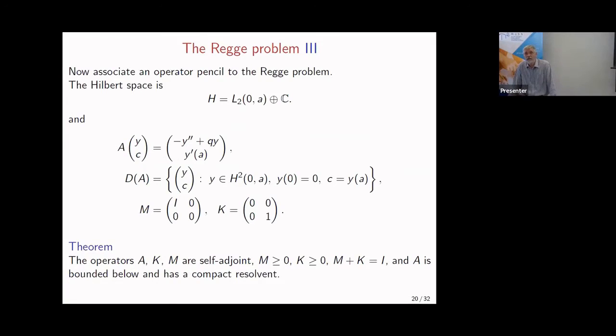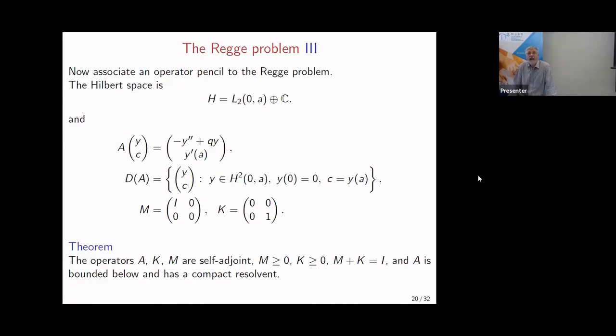Here our Hilbert space, because we are dealing with a self-adjoint operator, as we will indicate later on this slide, is L2(0,a) plus C, C to the power 1, which comes from the lambda-dependent part. That part is considered to be inhomogeneous here.